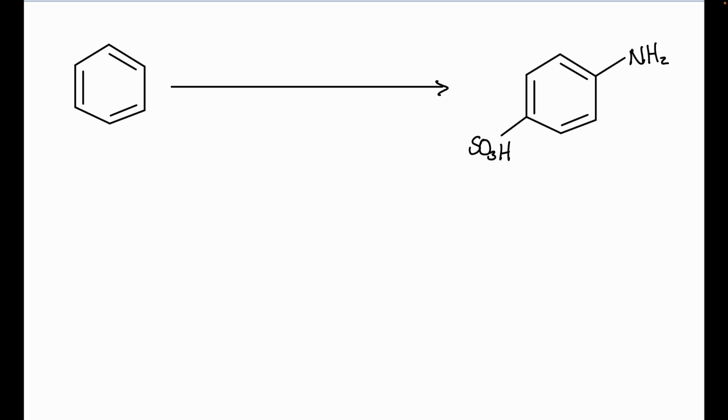It's aniline with a sulfonic acid group in the para position. This is a little bit better example than the previous one, because in this one there's only one way to do it to get your desired product.